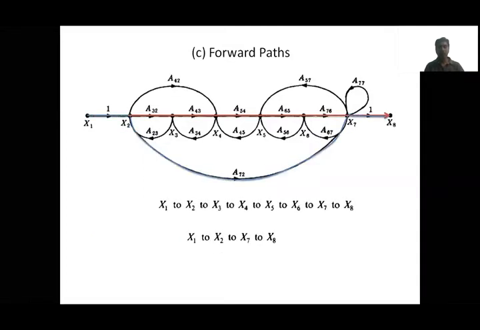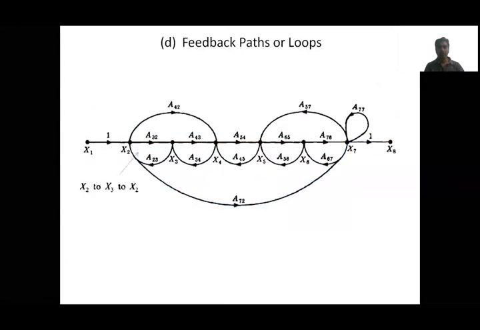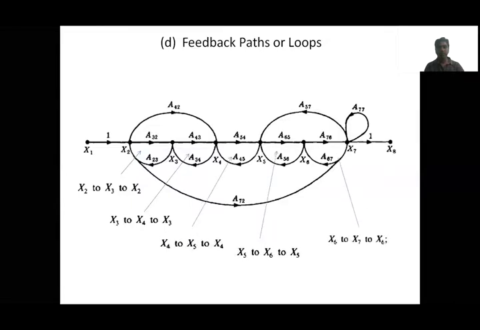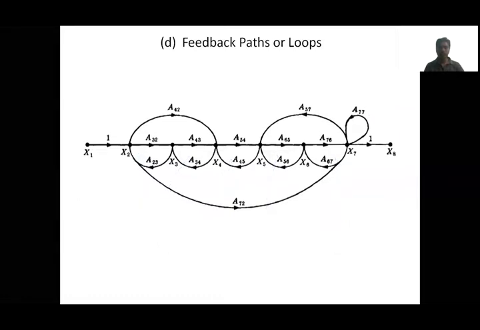Forward paths, then loops. A self loop is also a loop. Then this is again a loop.